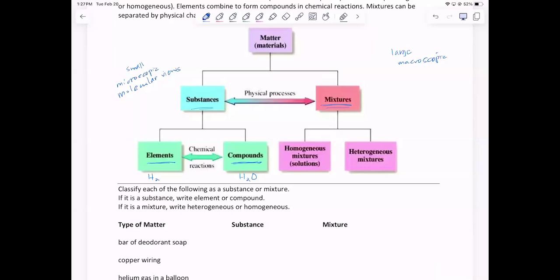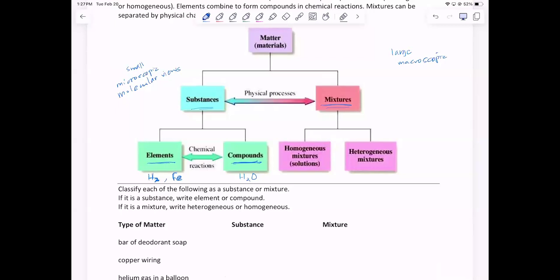But you can have an individual element like Fe, so that's iron, and iron is also classified as an element. This is an example of an element that exists just as individual atoms, compared to H2, which is an element that exists always as a molecule, two atoms of hydrogen bonded together. So a compound is when you have two different elements from the periodic table.